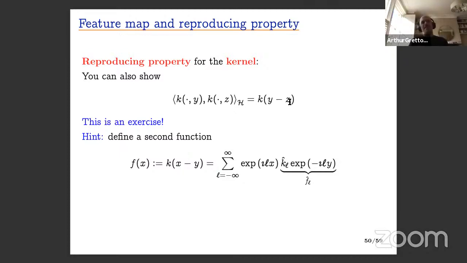Right. So this gets to the question of how rich your RKHS is. What's interesting is that the Gaussian kernel, for example, is a universal kernel. That means that on compact domains, it can approximate any continuous function arbitrarily well in the infinity norm.